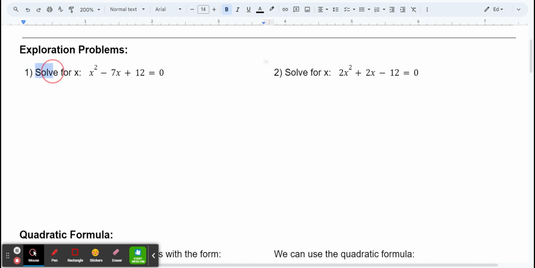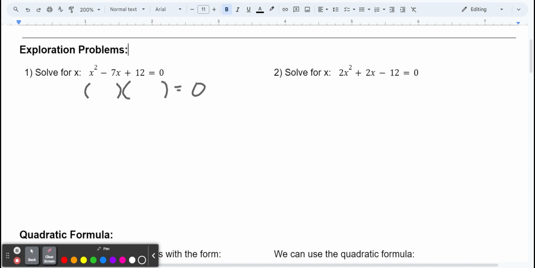We're asked to solve for x in problem 1 here. So we have x squared minus 7x plus 12. If you remember, we want to get this into factored form in order to solve. So we want to get something that looks like that and have that still equal to 0. This is one that we could probably factor just by inspection.